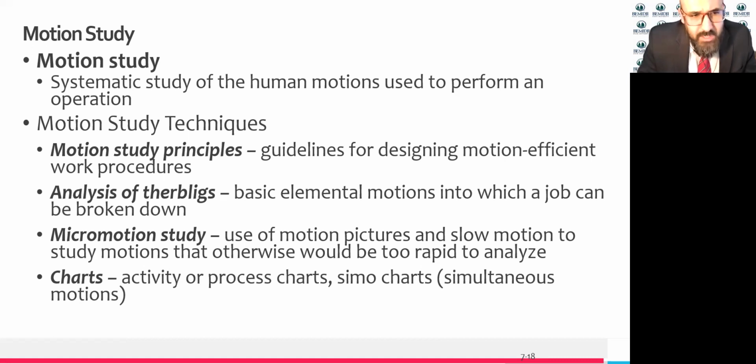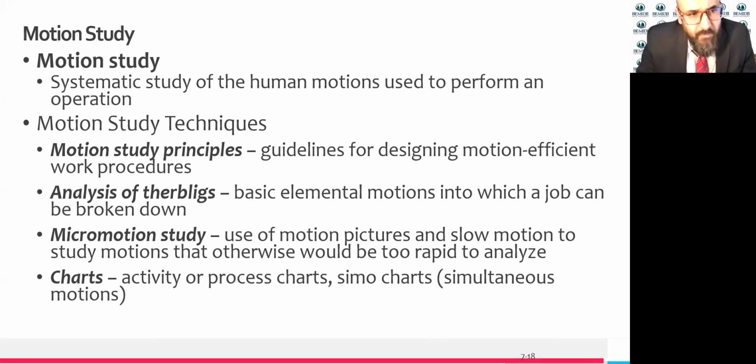Number two is analysis of therbligs. These are basic elemental motions, where you break down the job into smaller elements. Number three, micromotion study, which is the use of motion pictures and slow motion to study motions that otherwise would be too rapid to analyze.